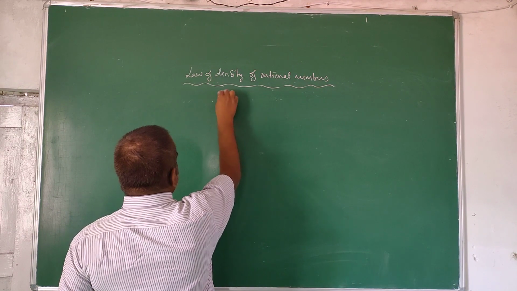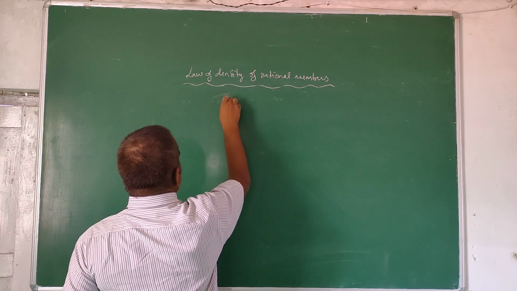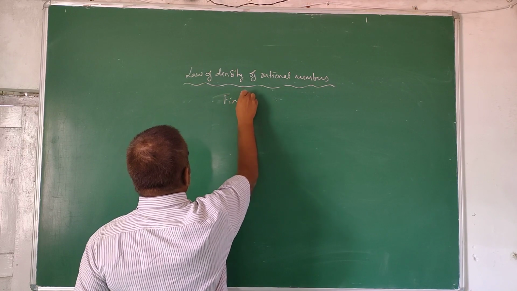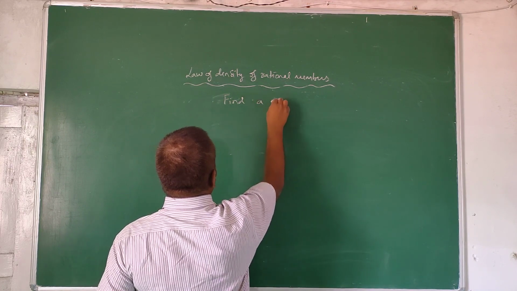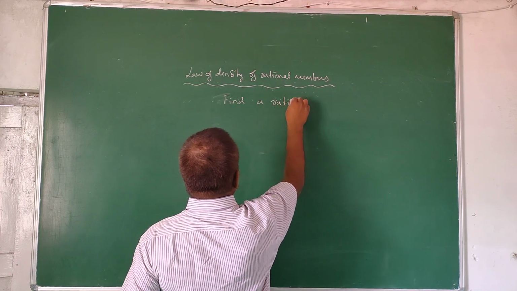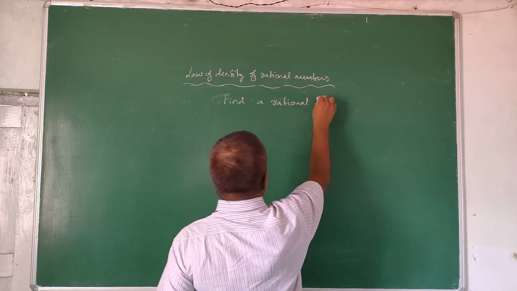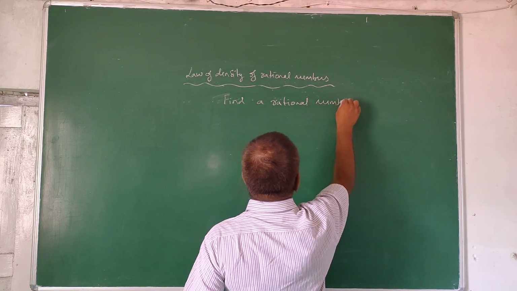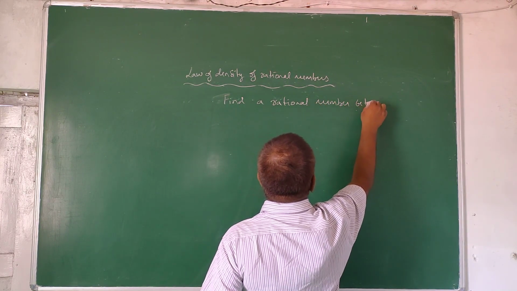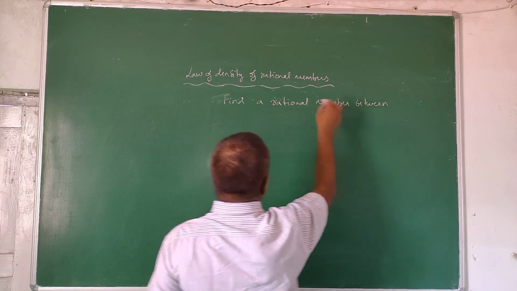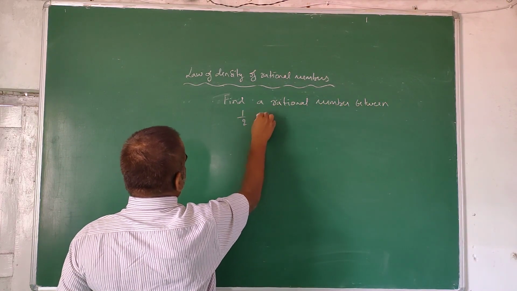Example: insert or find a rational number between 1 by 2 and 3 by 4.